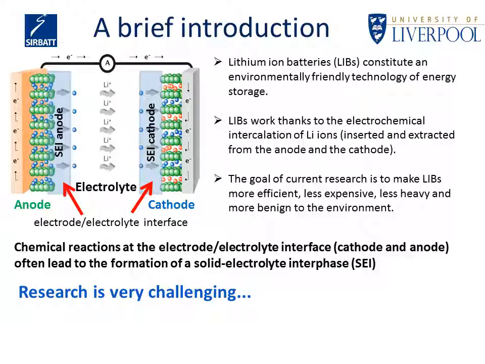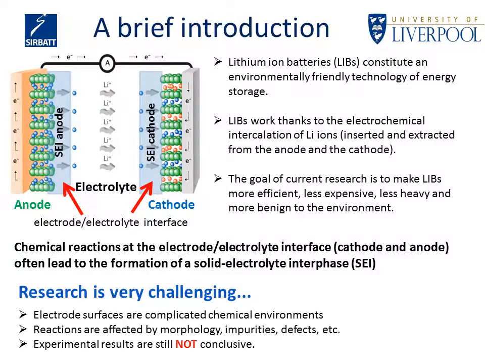This research is indeed very challenging. In fact, electrode surfaces are complicated chemical environments. Chemical reactions do not only depend on the nature of the electrolyte and the anode and cathode materials, but also are affected by surface morphology, impurities, defects, etc. For these reasons, experimental results are still not conclusive.